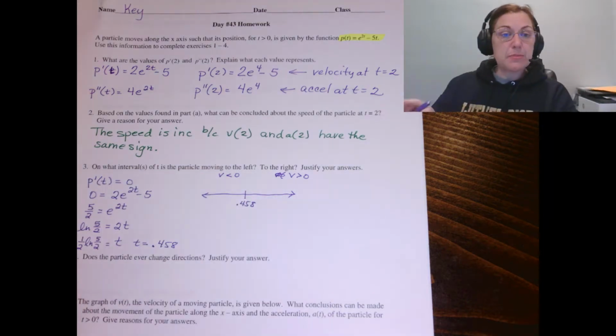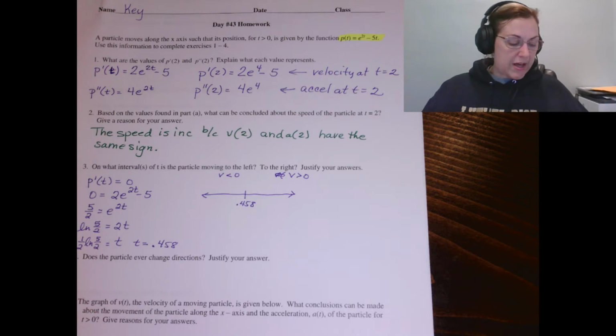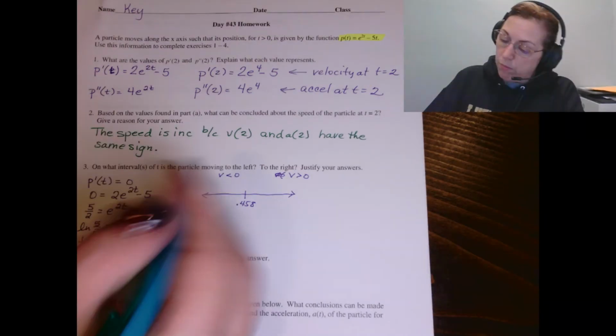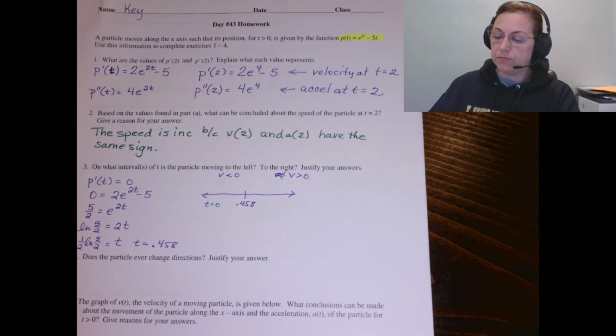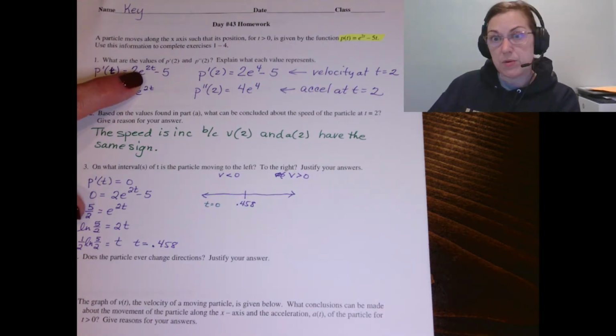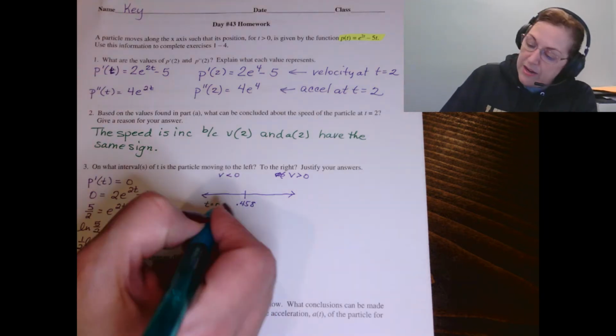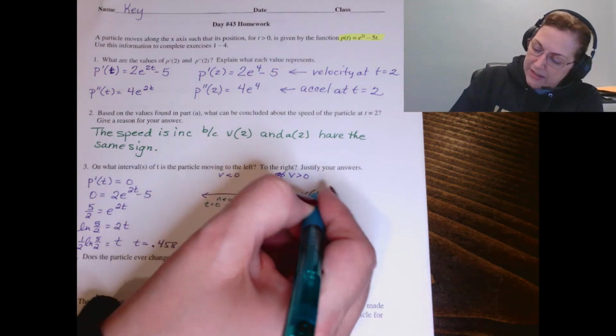Okay. Now I'm going to put that on my number line, and I'm going to test both sides of the number line. So I'm going to test the velocity at 0. My velocity at 0 would be e to the 0, which is 1, times 2 is 2. 2 minus 5 is negative. And I forgot to label my number line.